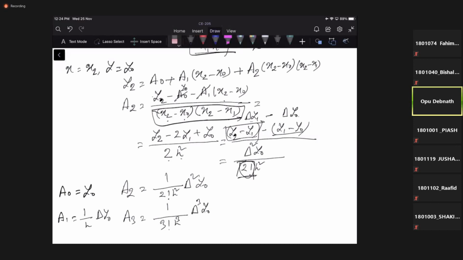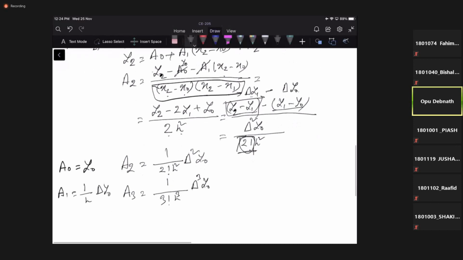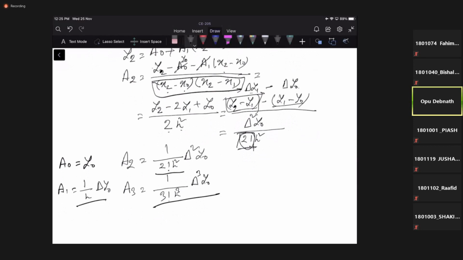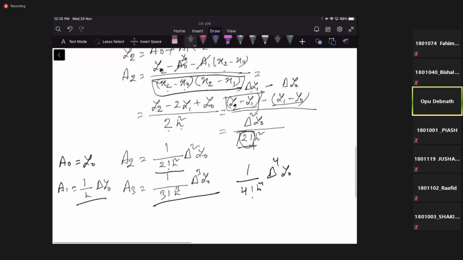The second is 1 by 2 factorial h square del square y0, and the third is 1 by 3 factorial h cube del cube y0. Similarly, the fourth will be 1 by 4 factorial h to the power 4, the fourth forward difference, and it will continue.